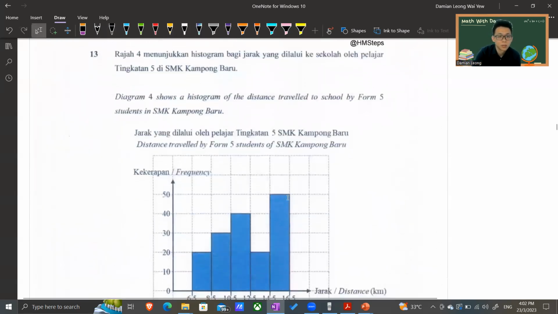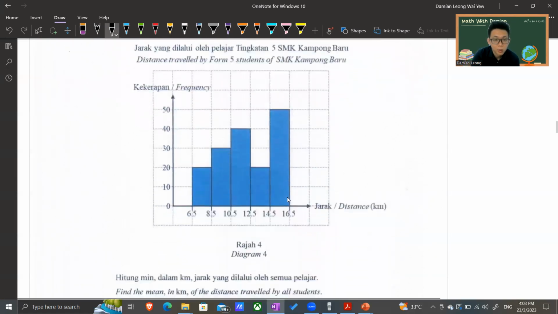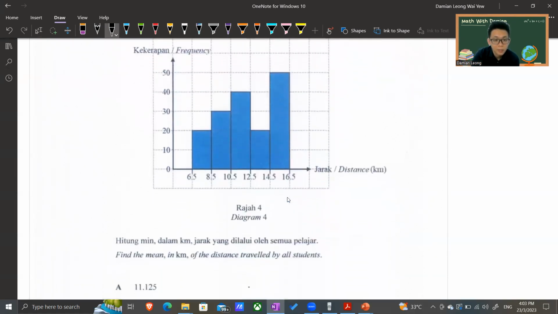Question 13. Diagram 4 here shows a histogram of the distance traveled to school by Form 5 students in SMK Kampong Baru. With the histogram here, I want to find the mean of the distance traveled by all students.